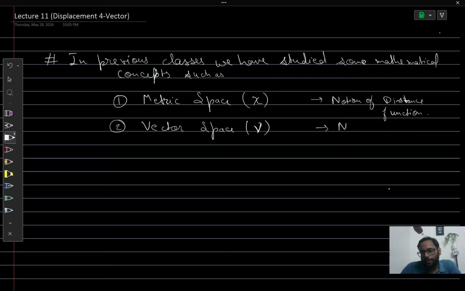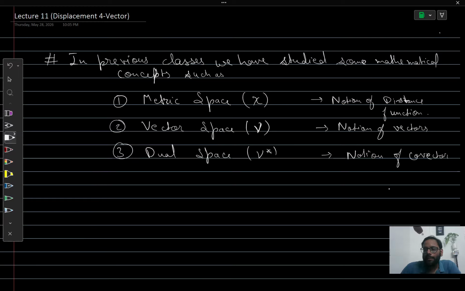gives us a notion of vectors, and third, dual space, denoted by this, which gives a notion of covectors.